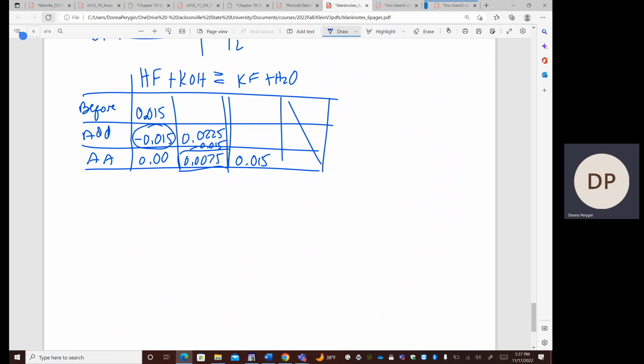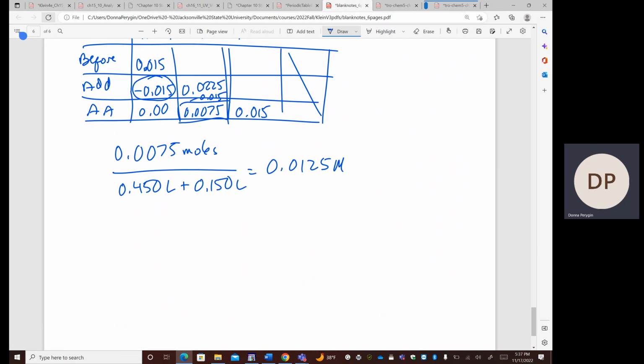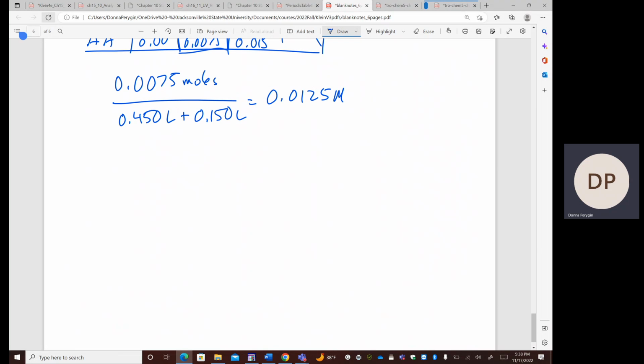Okay, and the hydroxide ion concentration is going to be 0.0075 moles of hydroxide there, divided by our new volume, which is 0.450 liters plus 0.150 liters, and that's equal to 0.0125 molar hydroxide. Okay, so since the hydroxide is a strong base, that's going to have a stronger effect on the pH than the fluoride, and therefore it's going to govern the pH.